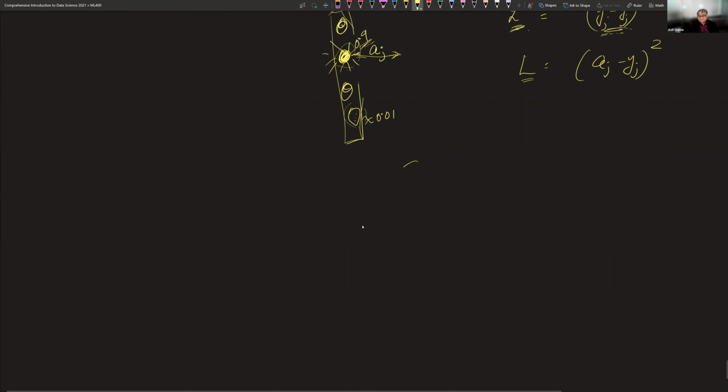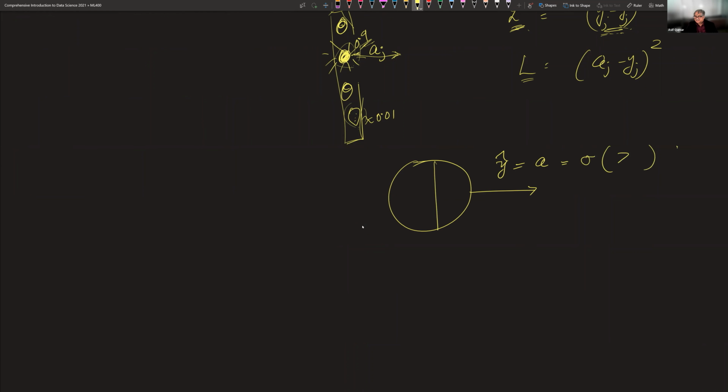Remember, going back to the picture of one neuron, we'll develop the idea of backpropagation. This is also called, in the new language, the activation from this neuron. We will say activation is equal to sigmoid of Z. Now, what is Z?